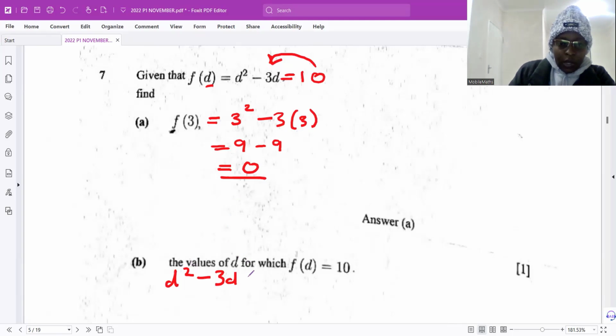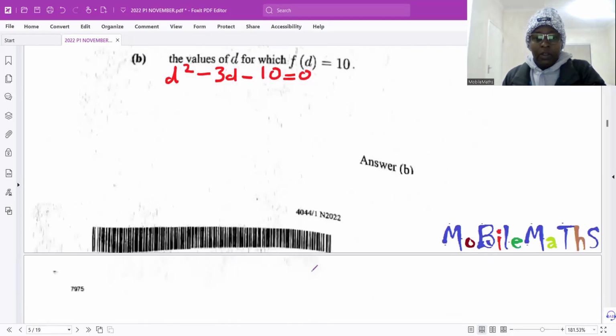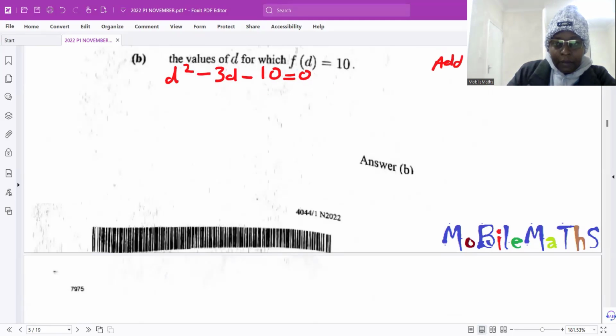So I can have minus 10 is equal to 0 there. Now let's solve this equation. I'm going to do the same that I was doing when I add, I get minus 3d. When I multiply, I get minus 10d squared, okay? So let's think of the numbers.